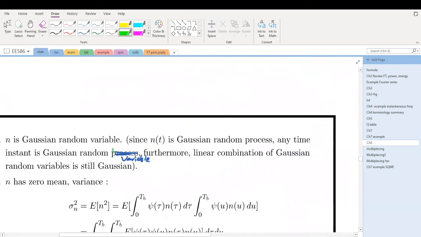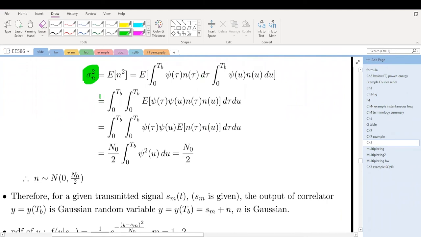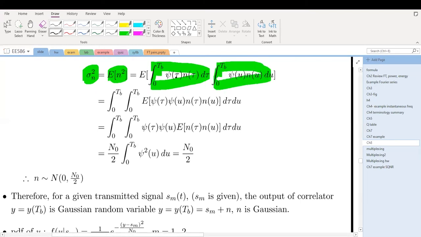I have a typo here. It should be Gaussian random variable here. Now I want to find the variance of n, which just equals the expectation of n squared because the mean is 0. So this is n, one integral, and this is n. I used two different dummy variables inside the integral to avoid confusion.